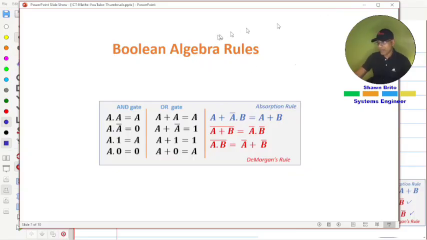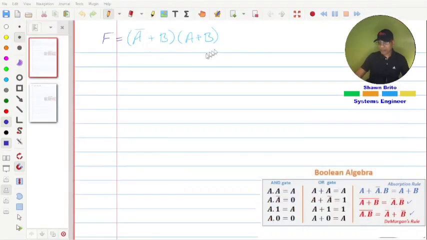So let's start with a few Boolean algebra expressions. Since you have not memorized the Boolean algebra rule table, I have put the rule table here, and we can refer to it whenever we want. We'll even put in a truth table to see how it works.